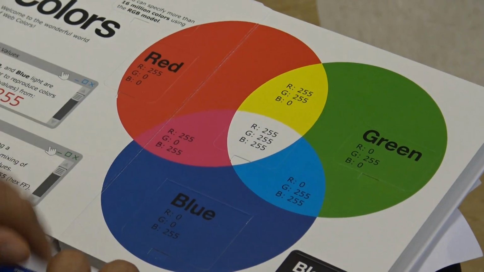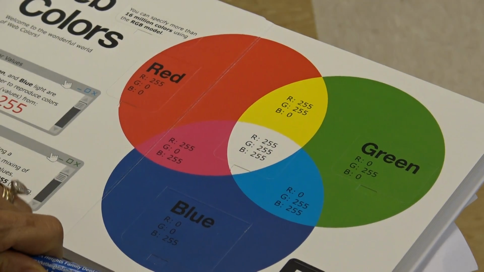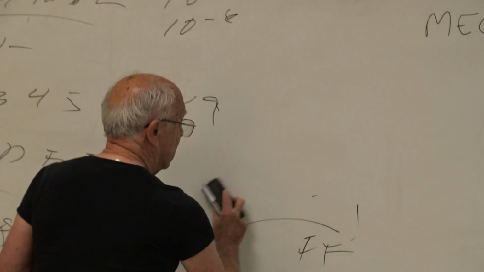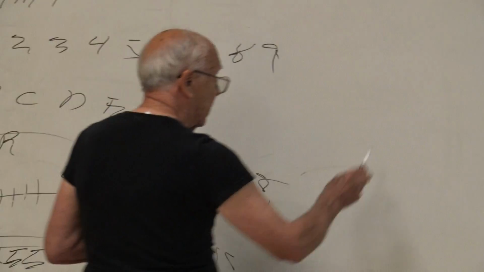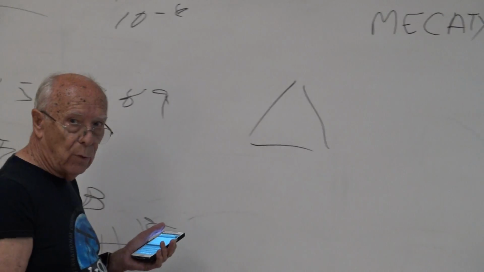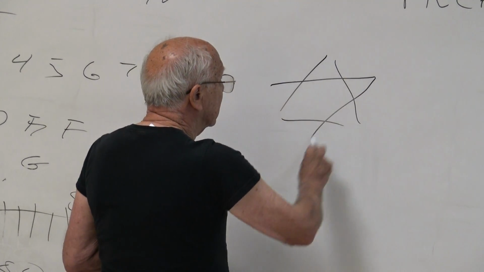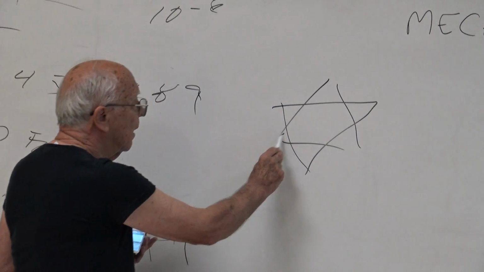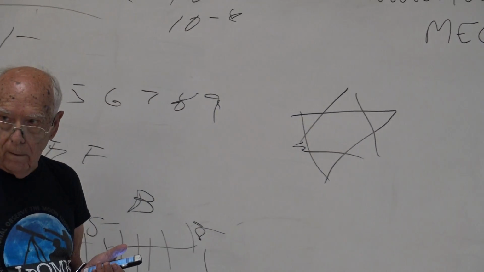Okay? The easiest way to think about this, in my opinion anyway, is like this here. Take a triangle, make a second one, and you have a star. Okay?